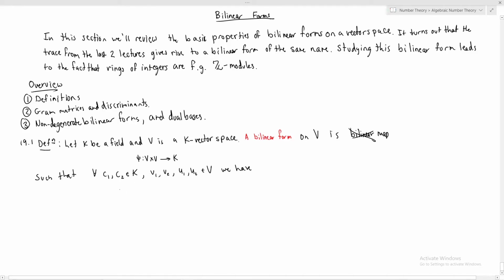linearity in the first factor: psi of C1 V1 plus U1, and then I'll just put V2 there, it doesn't really matter what I put in the second slot, is C1 psi of V1, V2 plus psi of U1, V2. Okay, so this is linearity in the first factor.